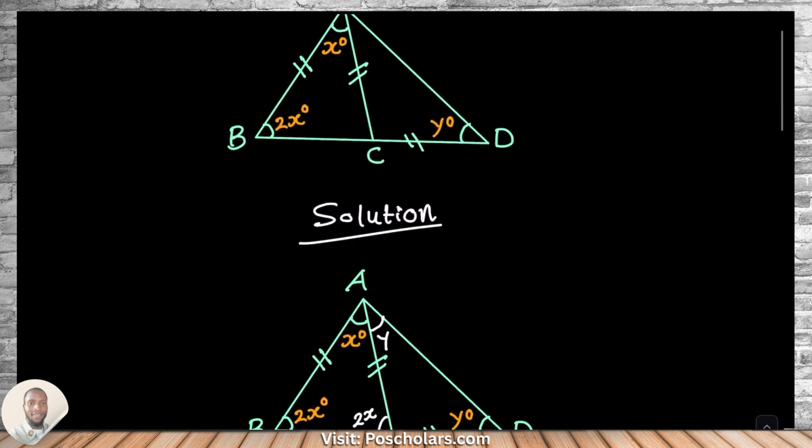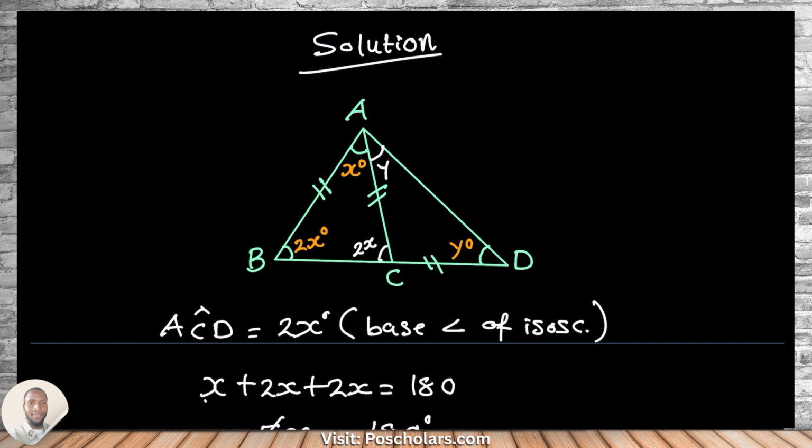Now, what next? Let's check the diagram. This angle is known, but this angle has no letter attached to it. So how do we find this angle? We already know the value of x. So this angle, which is angle ACB, equals 2x. We know the value of x as 36, so plug it in.